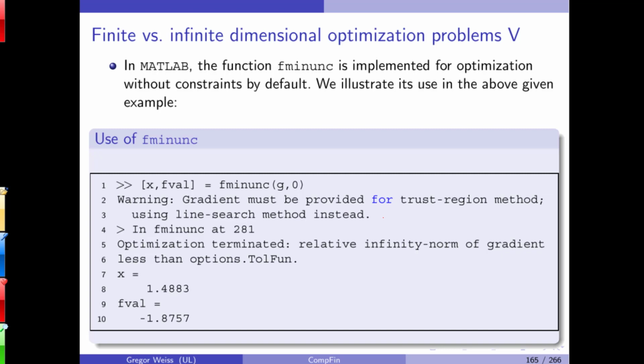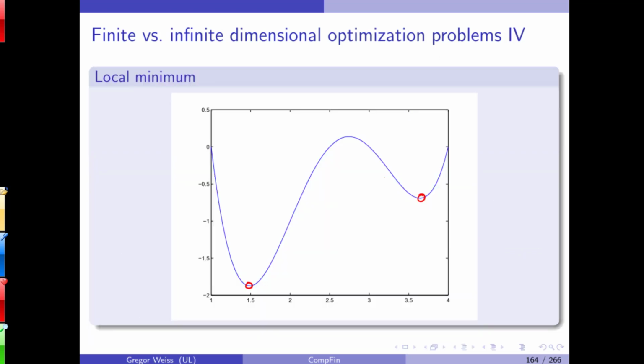Why do we have 2 outputs? We want x star, the optimal solution, but we also want f of x star, the function value at the optimal solution. And as you can see, the result of fminunc is 1.48, and this is this global minimum.